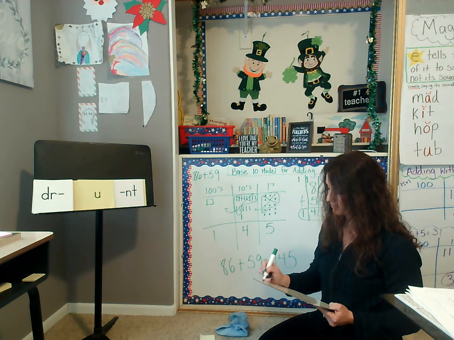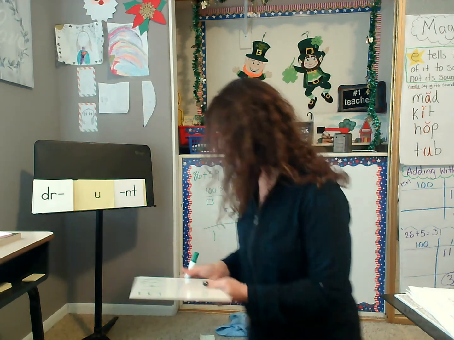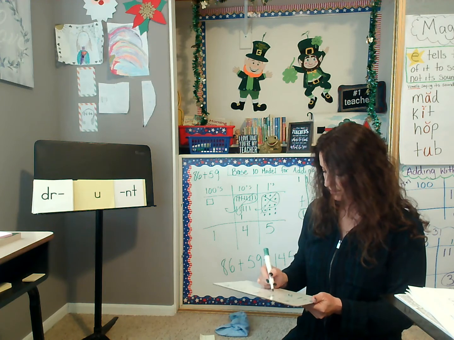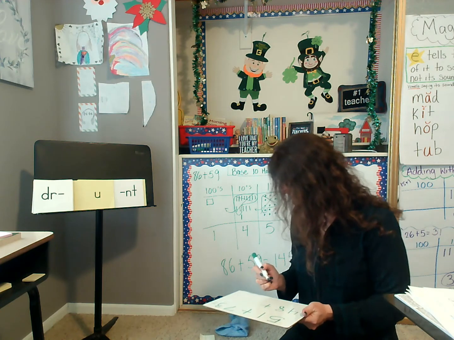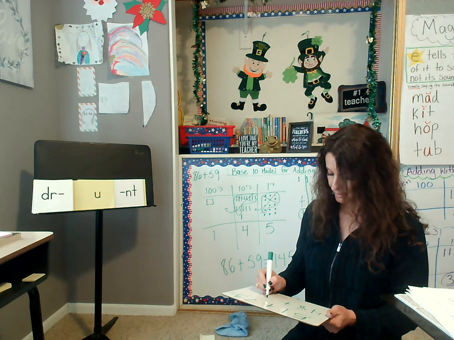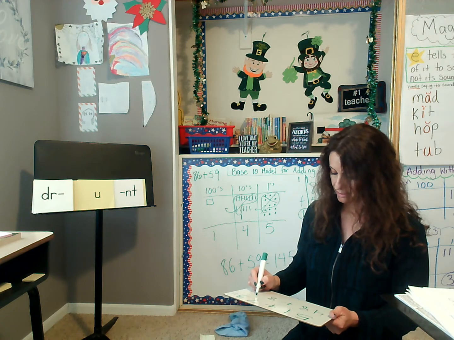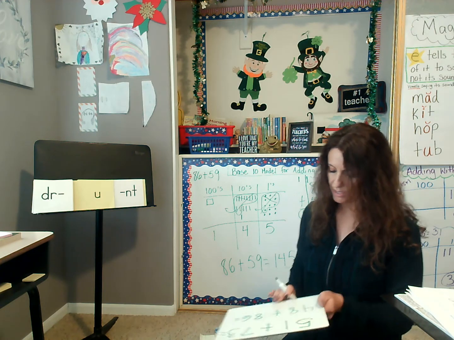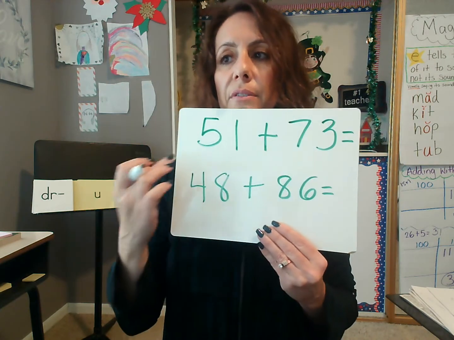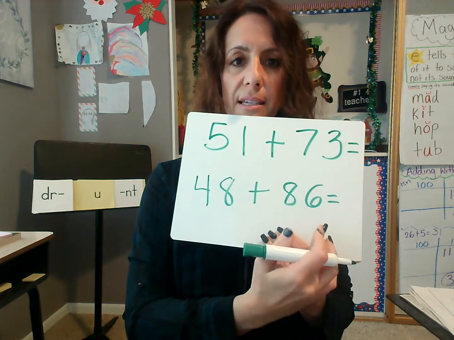We'll make it easy for you. We'll make one easy. Okay, let me give you another one. 48 plus 86. Yeah, that'll be good. Okay, so see these two? Write them down. 51 plus 73 and 48 plus 86.